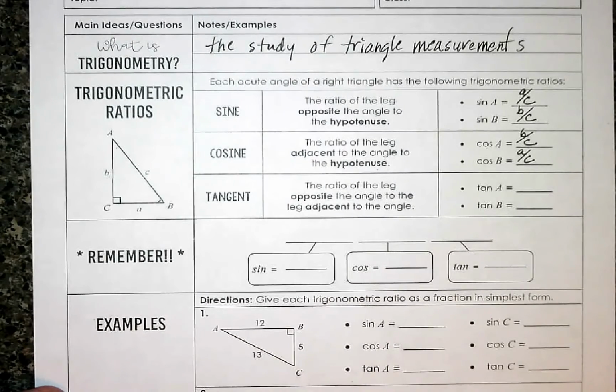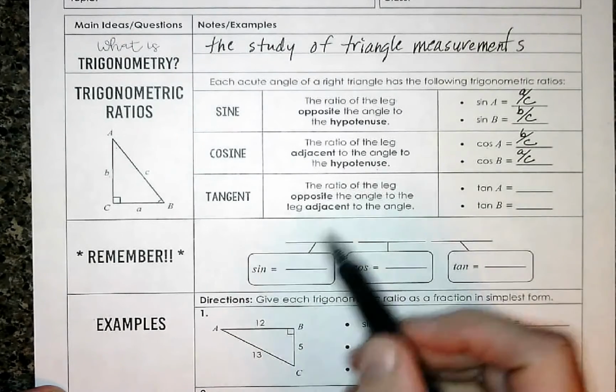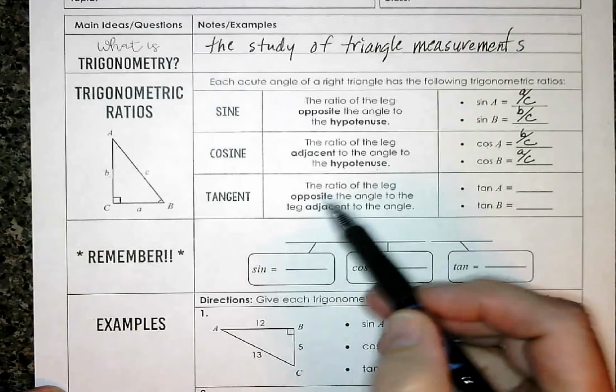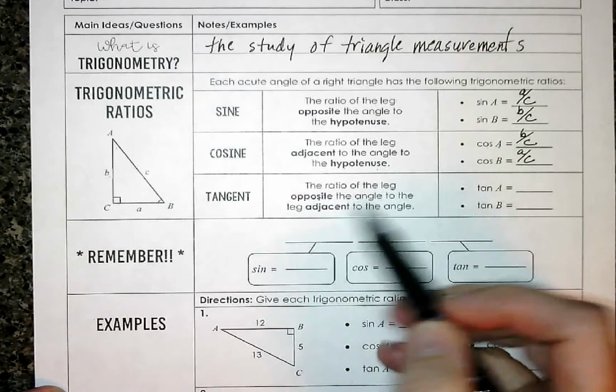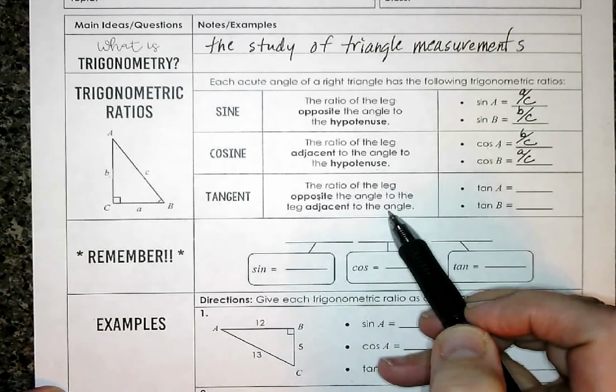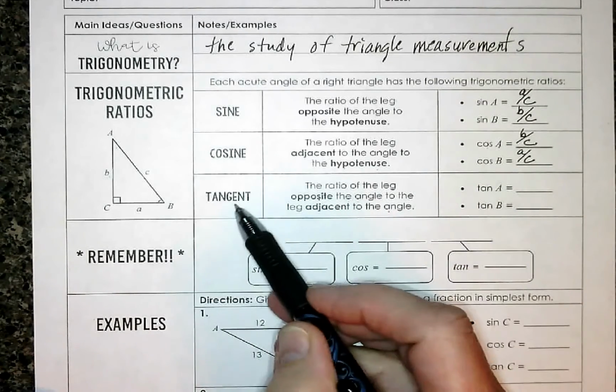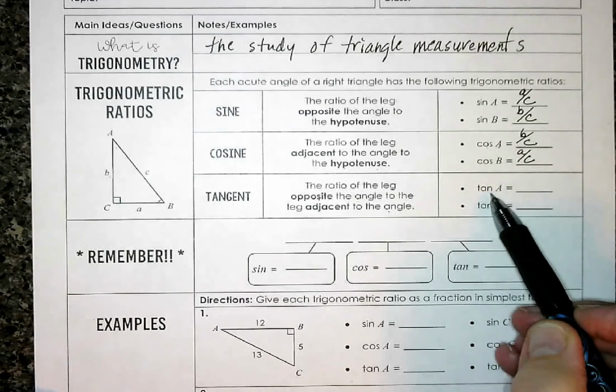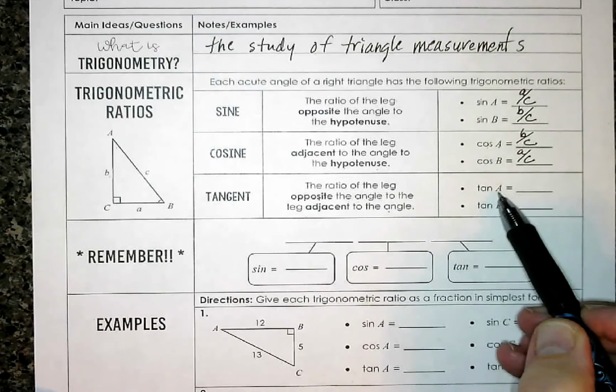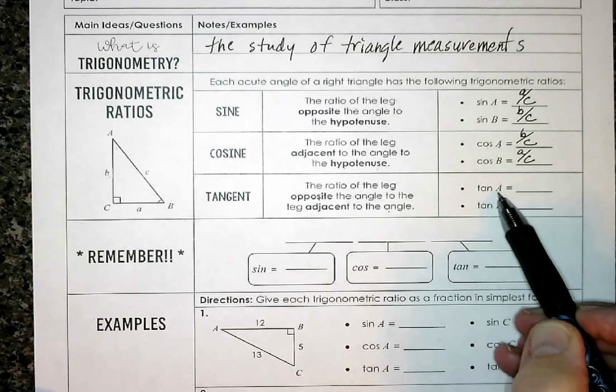Tangent is the third ratio that we want you to know. Tangent is the ratio of the leg that is opposite the angle to the leg that is adjacent to the angle. Tangent is abbreviated with tan, T-A-N, and then we tell which angle we want to look at.